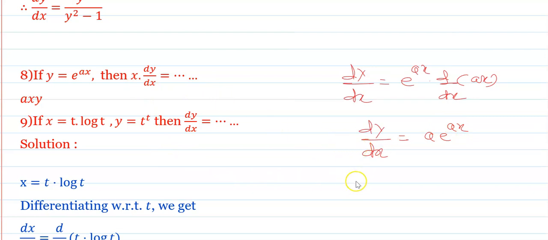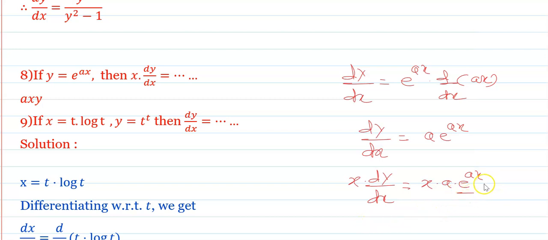So what do we multiply this with? x into dy by dx is equals to x into a into e raised to ax. Okay. And but what is this? y is equals to e raised to ax. This is the y.